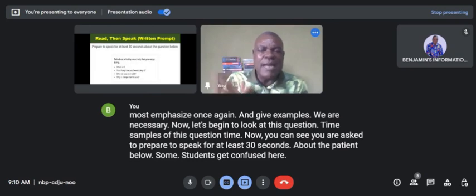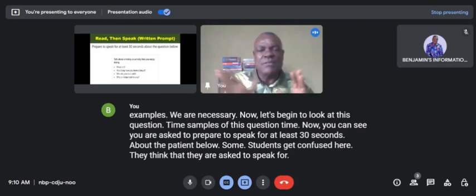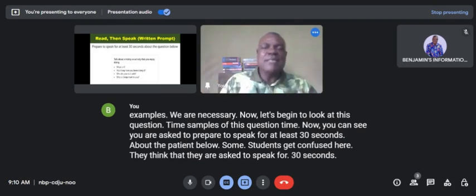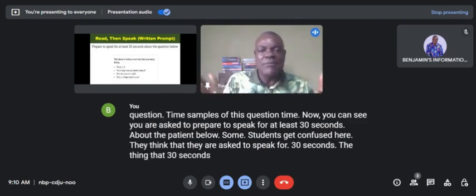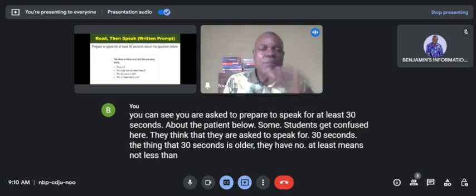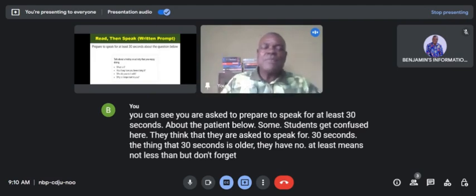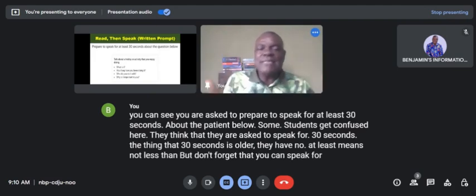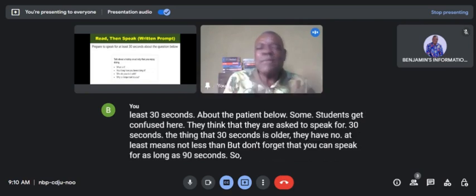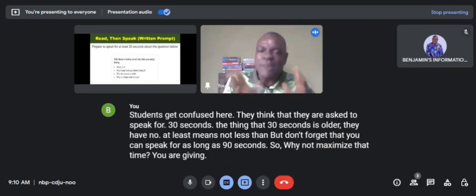They think that they are asked to speak for 30 seconds, that 30 seconds is all that they have. No. At least means not less than. But don't forget that you can speak for as long as 90 seconds. So why not maximize that time you are given? Speak for as long as you can.